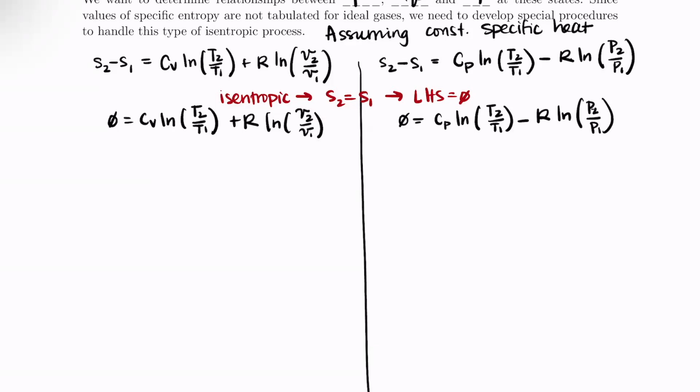I am going to move one term to the other side of this equation, so I just have an equality to look at. So I have the following. Natural log of T2 over T1 is equal to minus R divided by Cv natural log of V2 over V1.